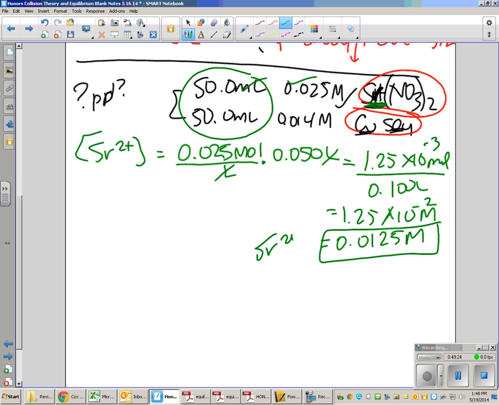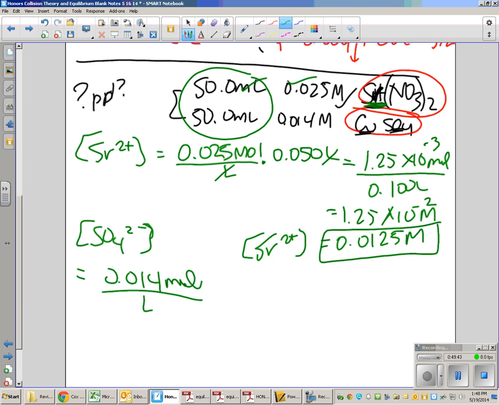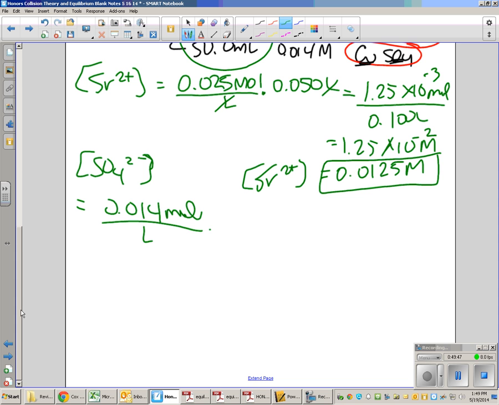All right, so here's Sr2 plus. Let's do exactly the same thing with my other ion of interest, SO4, sulfate. What's my molarity and volume? 0.014 moles per liter times what? Yep, 0.050, which was my 50 milliliter sample. Liters and liters cancel.